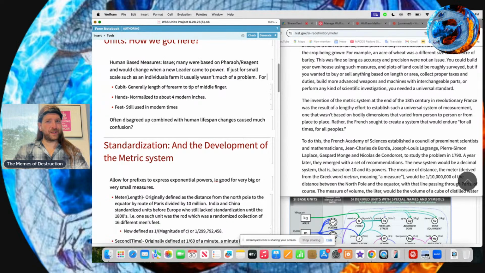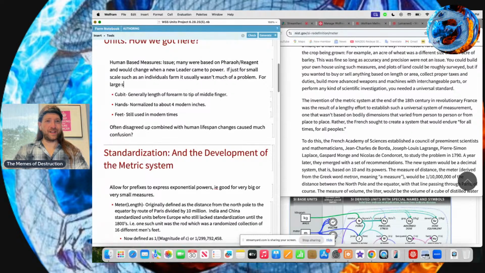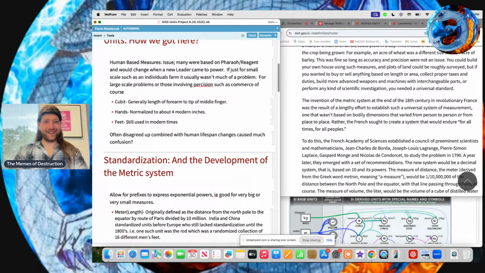For large scale problems or those involving precision, such as commerce, of course, issues would arise. It's kind of like, what is it, pi?